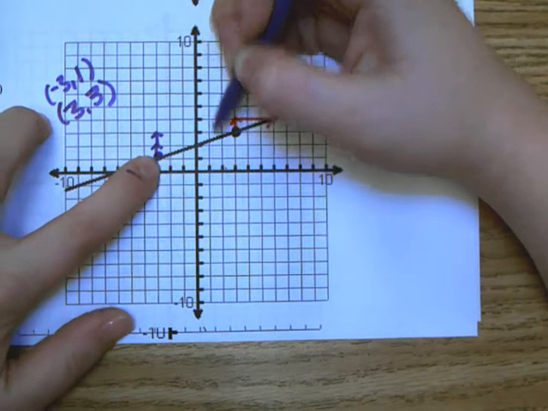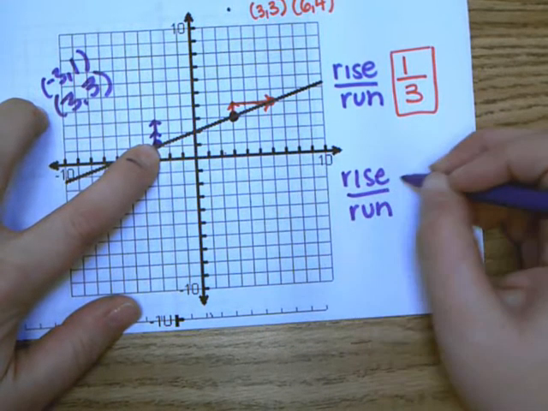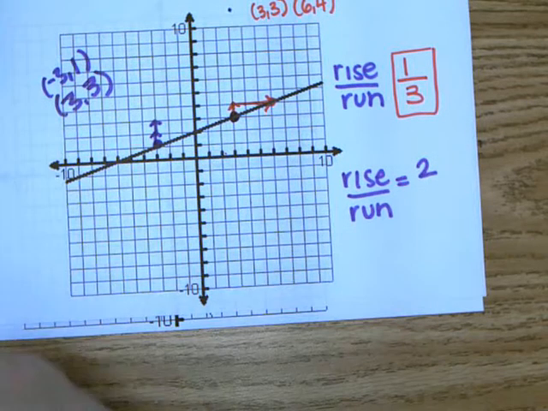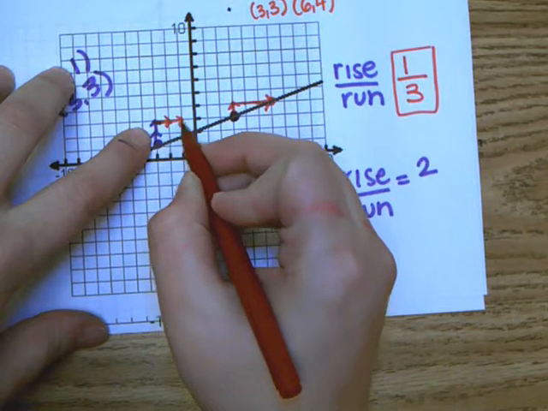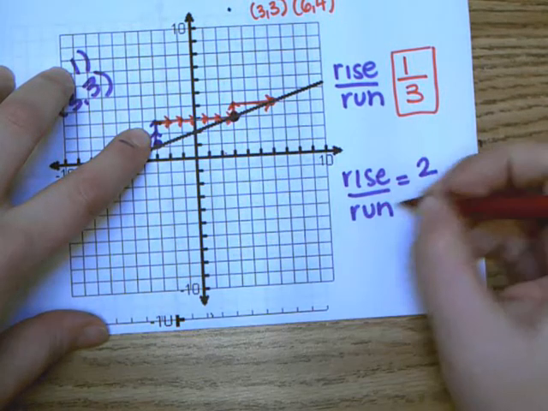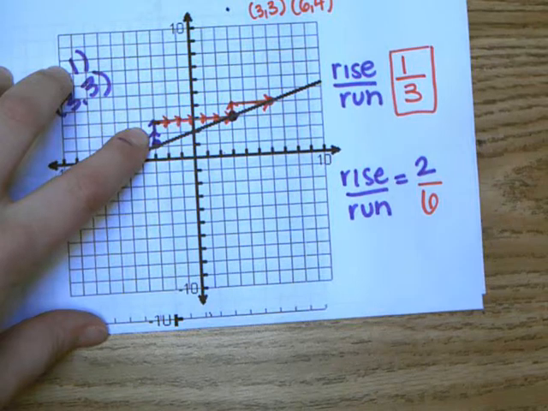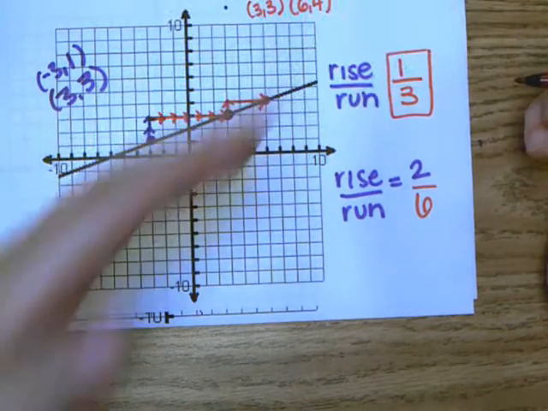So in this case now, I have to rise, not 1, but I have to go 2. I have to rise 2. Then I have to run 1, 2, 3, 4, 5, and 6.